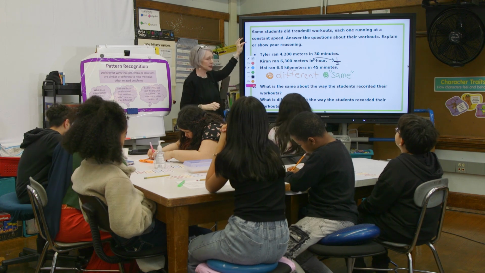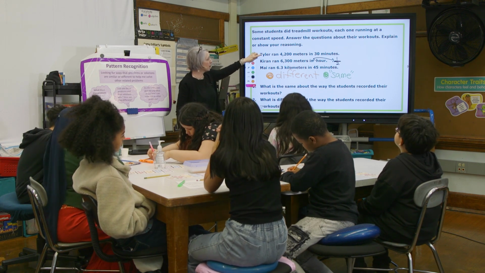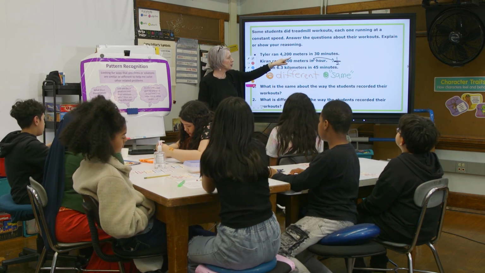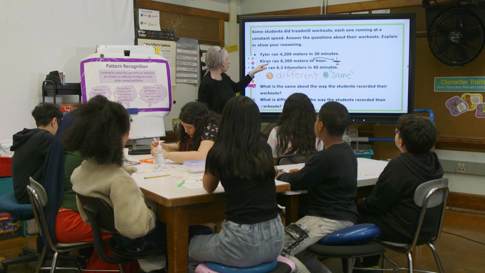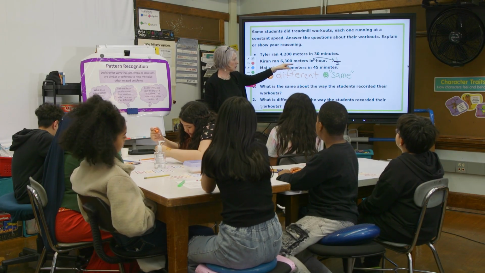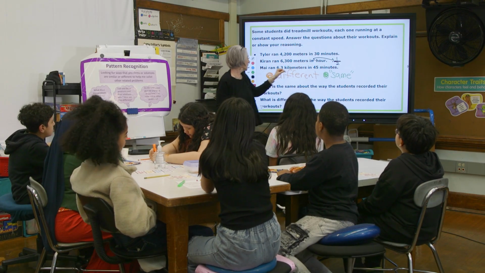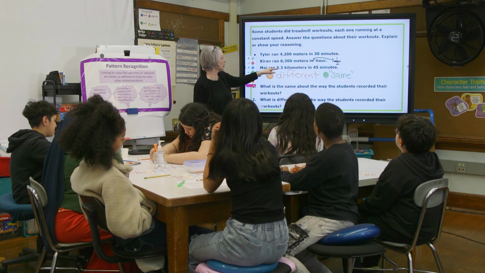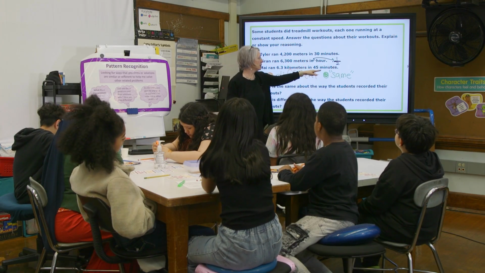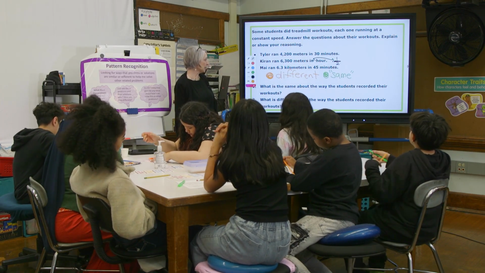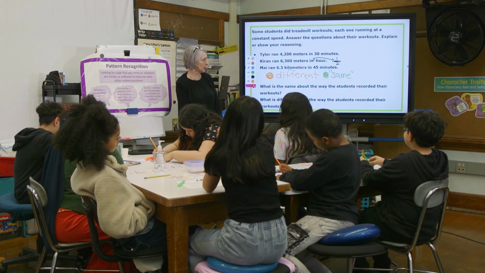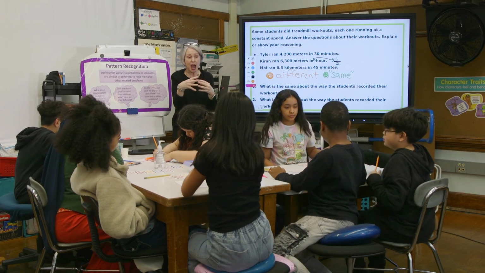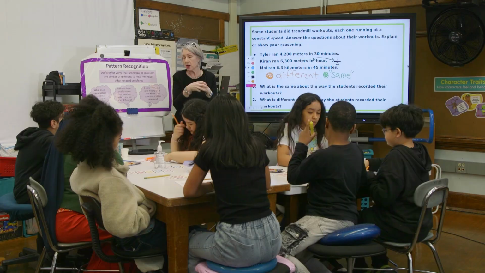But let's start from the beginning of Swiss cheese. Ready? Tyler ran 4,200 meters in 30 minutes. Kieran ran 6,300 meters in half an hour. Mai ran 6.3 kilometers in 45 minutes. All right, on your sheet, can you please take green and connect things that you see that are the same?